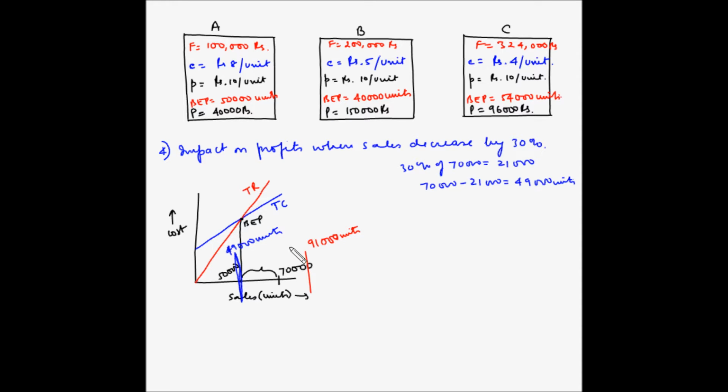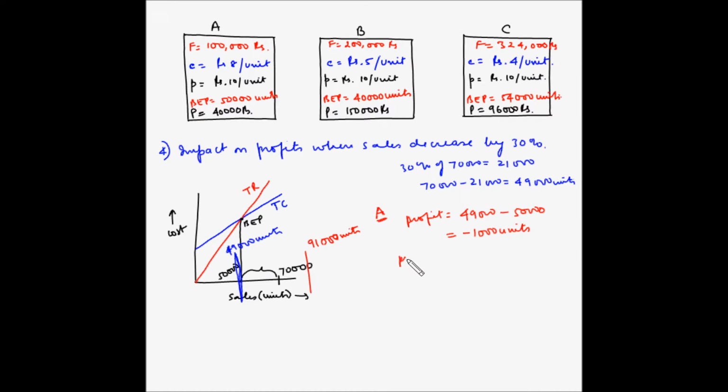So now we have to find out the impact on profits. So let's start with firm A. So for firm A, now the new profit is 49,000 units minus 50,000 units. So actually it's a loss because the sales is even below the break-even point of 50,000 units for firm A. So this is equal to minus 1000 units.